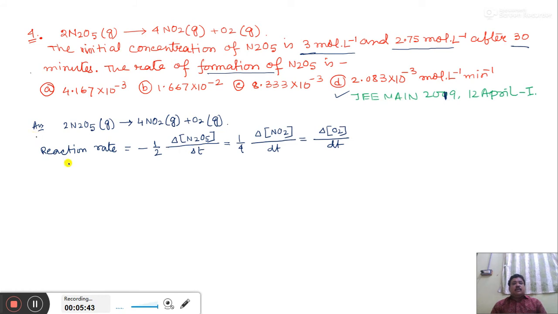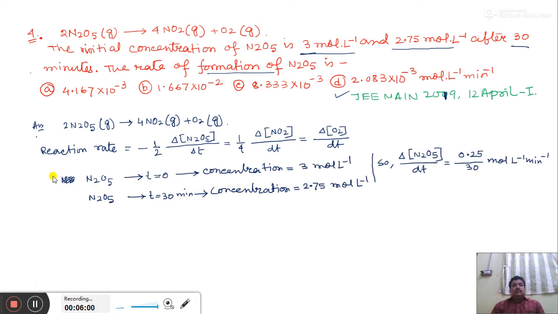From the given equation, we can write the reaction rate is equal to minus del N2O5 by del t, which is equal to 1/4 del NO2 by del t, which is equal to del O2 by del t. Now, in this question, we know at time t0 the concentration of N2O5 is 3 mol per liter, and after 30 minutes the concentration of N2O5 becomes 2.75 mol per liter.